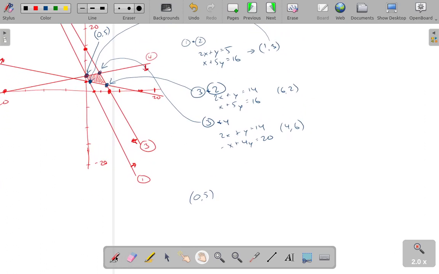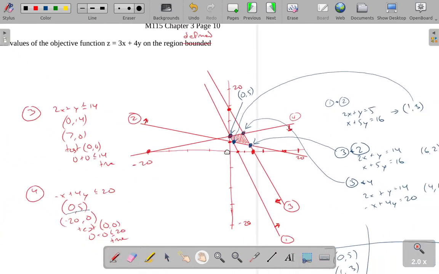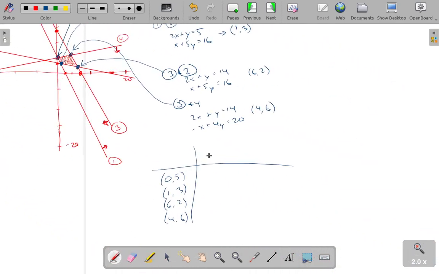Next up I have 1, 3, 6, 2, and 4, 6. And my objective function, when I go to test that, is 3x plus 4y. We call it z when we're talking about the objective function. That's just a standardized letter. I'm not sure where it came from. Well, it's because it follows x and y, I suspect.